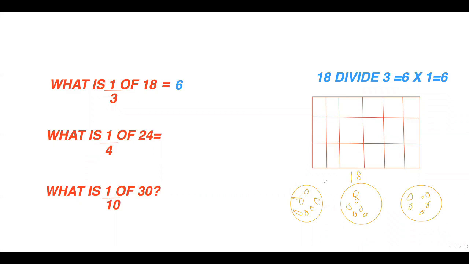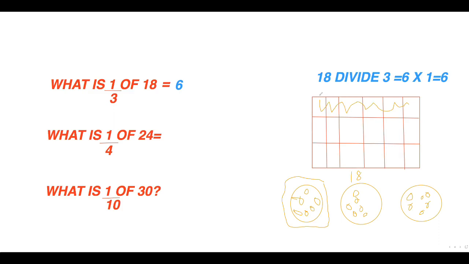Now, I need to find out how many we have in 1 circle, because we are looking for 1/3. So we've got 1, 2, 3, 4, 5, 6. So the answer is 6. And we would shade 1, 2, 3, 4, 5, 6.